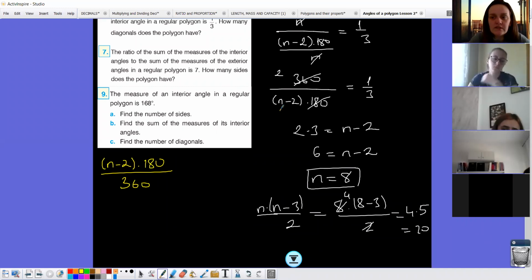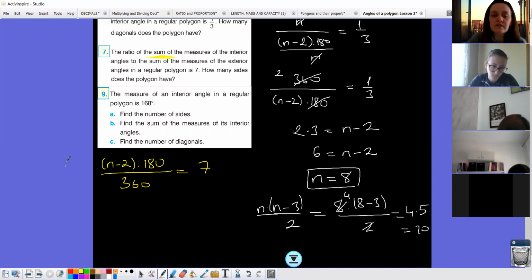Don't mix the formulas. When you have over n in the formulas with angles, it gives you only one angle. But here we are looking for the sum of the measures of all the interior angles. It is equal to 7.